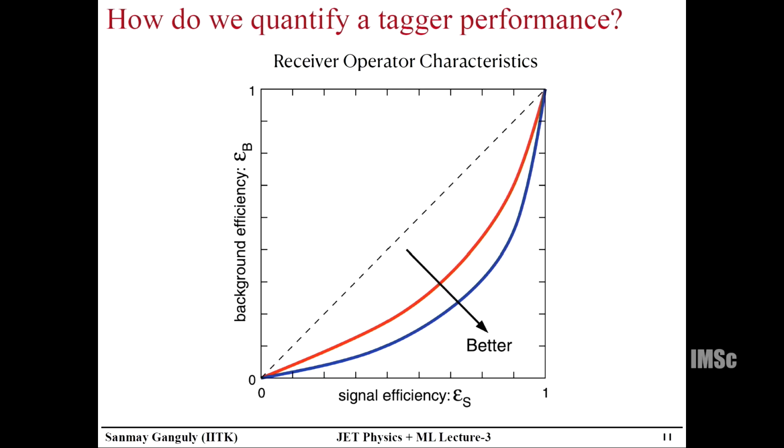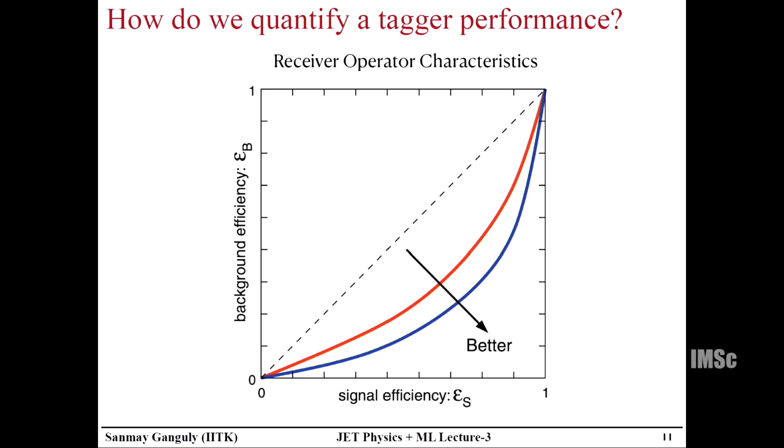So what you do is choose a working point for these taggers, you choose a cut value for these filters, and compute the signal efficiency for that cut value and the background fake rate for that cut value, and you slide that cut value. For each choice of cut value, you will have a different estimate of signal efficiency and a different estimate of background efficiency.